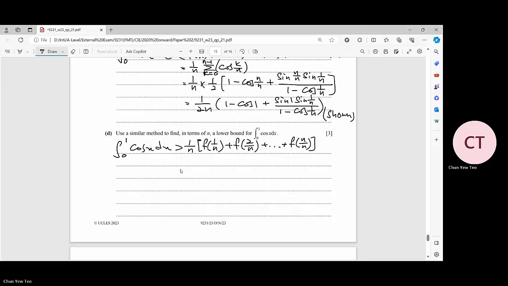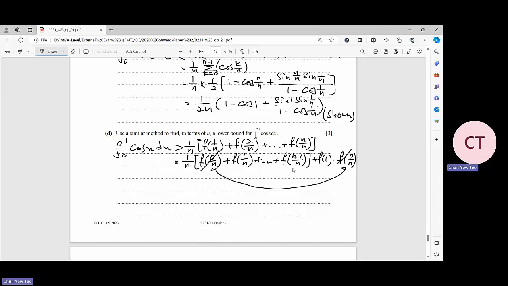Then we make it like this: plus f0 over n plus f1 over n plus until fn minus 1 over n, plus f1 minus f0 over n. I do this because I want to get back to the same sum, so I add f0 over n at the beginning and subtract it at the end.